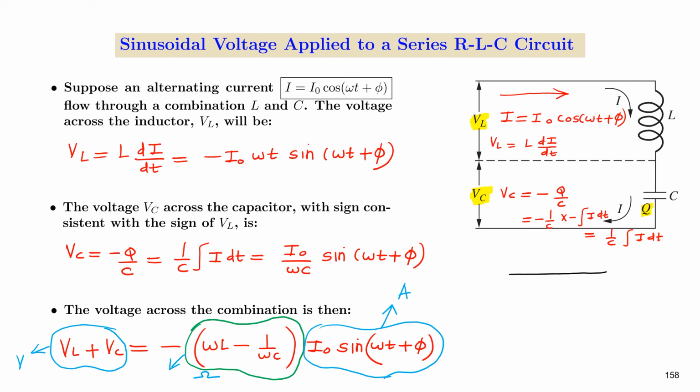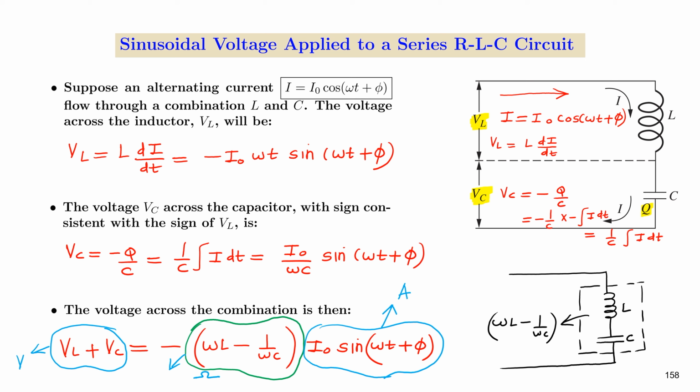We may combine the inductor and the capacitor to form a single element. So what I am drawing inside this box is a single element, L and C, whose resistance has a value omega L minus 1 by omega C.